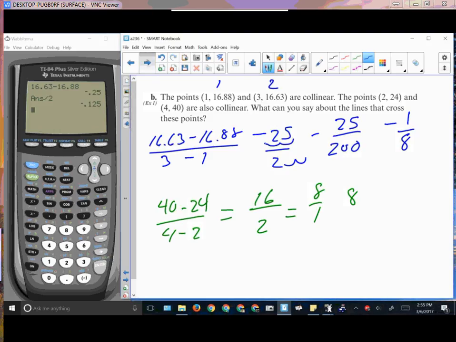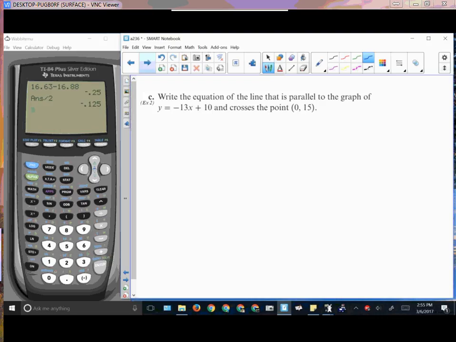Try this one. So Mr. Thibodeau, what did you do here? Okay. Two things you need to know. One, slope, negative 13. And it has to go through this point. So that means it's y minus, what's y1? 15.